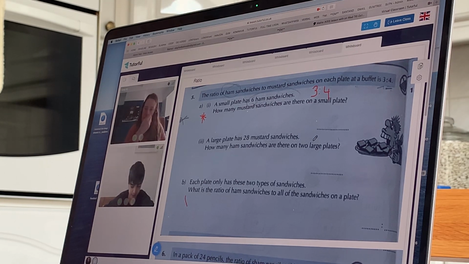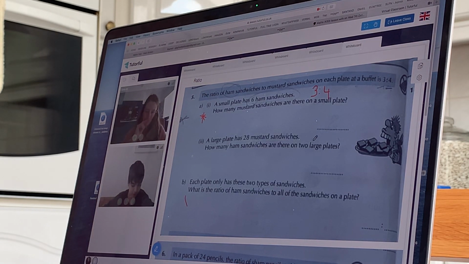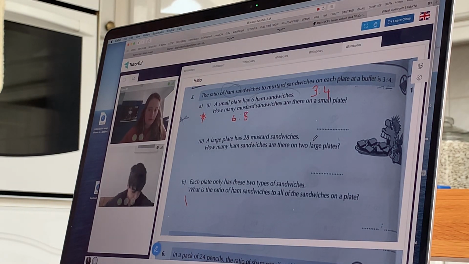So if they doubled 3, which became 6, you have to double 4 to become 8. Yeah, brilliant. Really good. And then the ratio is 6 to 8, because that can reduce to 3 to 4. So then how many mustard sandwiches are on the plate? There must be 8. Yeah, brilliant.